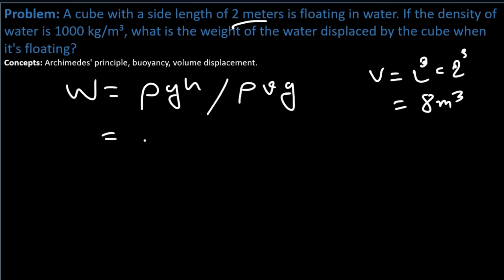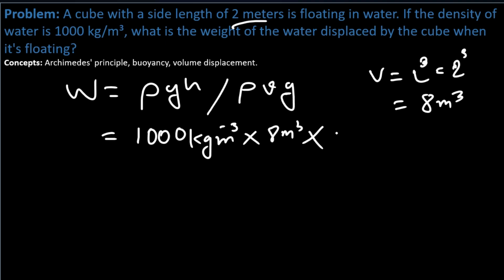So here rho equals 1000 kilogram per meter cube, times 8 meter cube, times 9.8 meter per second square.